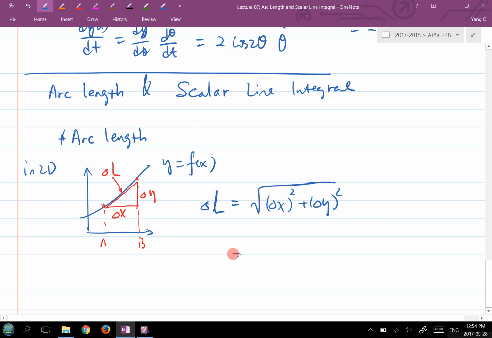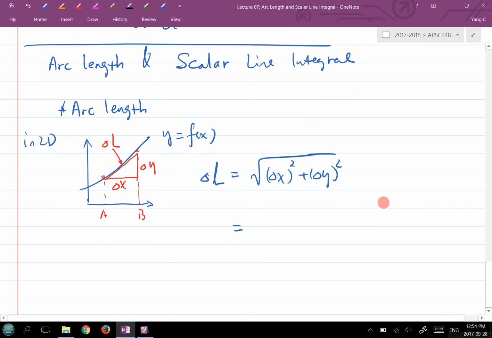Now I'm going to do a little bit of further simplification. You learned in calculus, for a scalar function, that this triangle tangent to this point represents the slope at this location.